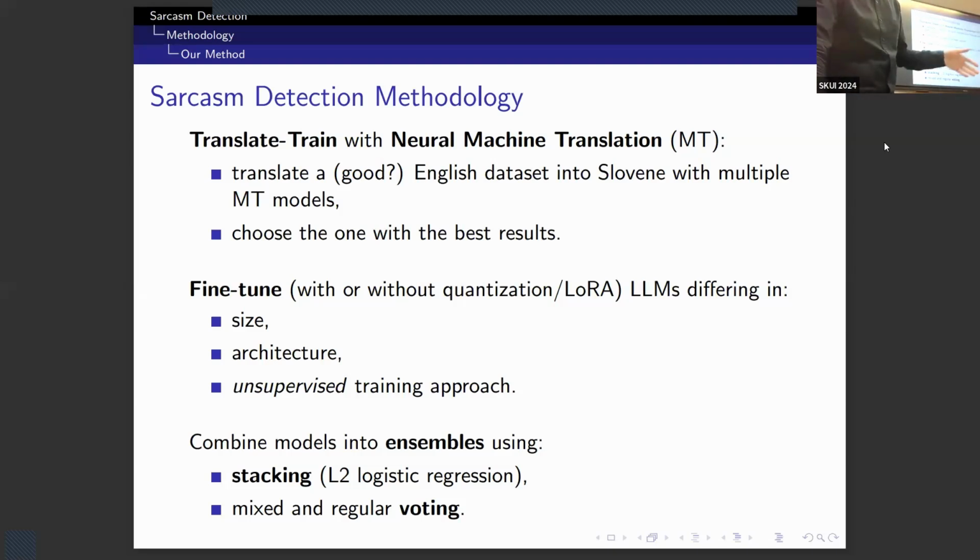We decided to fine-tune an array of different LLMs after that to classify these translated texts. We chose models of differing sizes, architectures, and unsupervised training approaches, so how they were trained in the beginning. We combined these models in the end into ensembles using two methods: stacking, where we used L2 logistic regression, and mixed and regular voting.